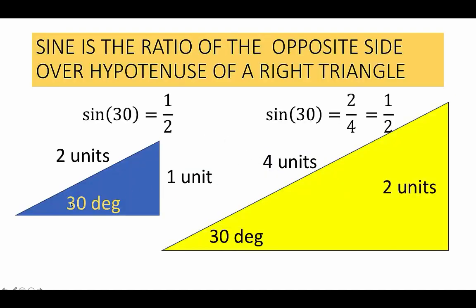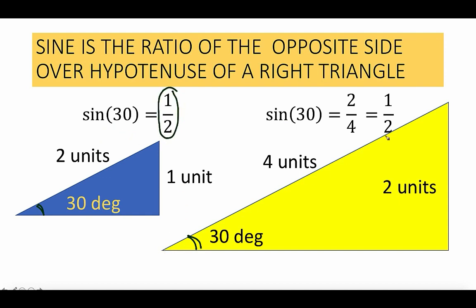Notice that if I have this blue right triangle with this angle to be 30 degrees, and I have another bigger triangle with the same angle measurement here at 30 degrees, notice that if I get the ratio of the opposite side here, which is 1 unit, over the hypotenuse, which is 2 units, I get a sine value of 1/2 for the sine of 30 degrees.